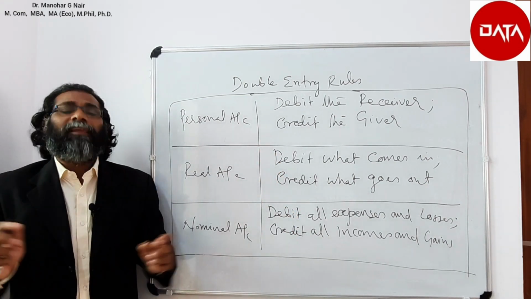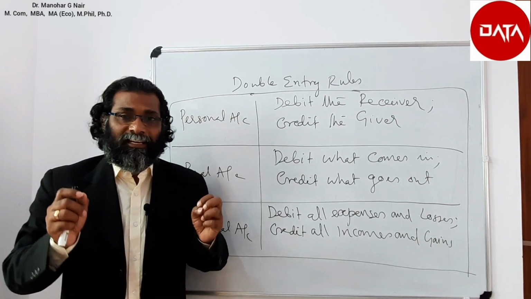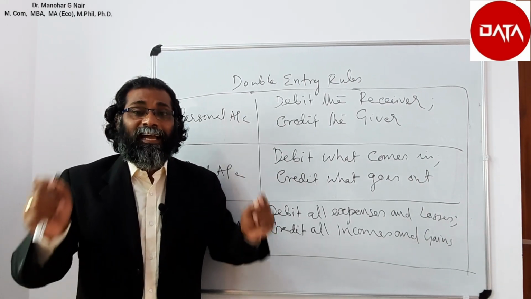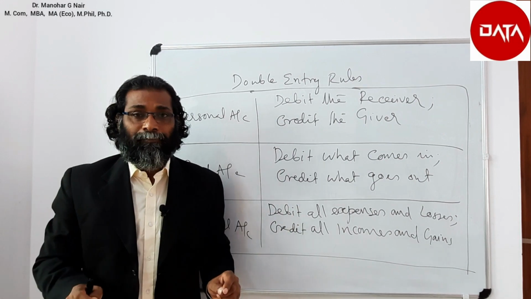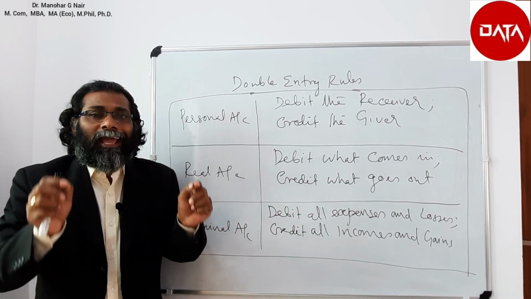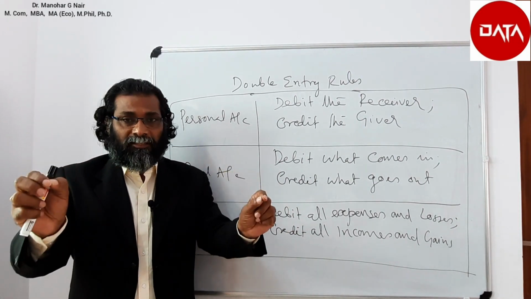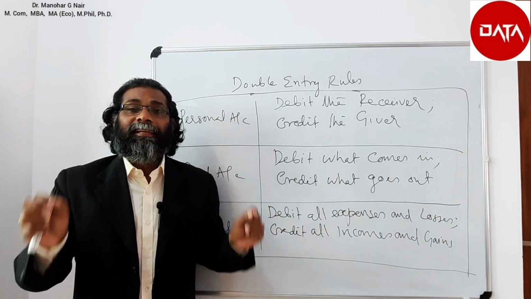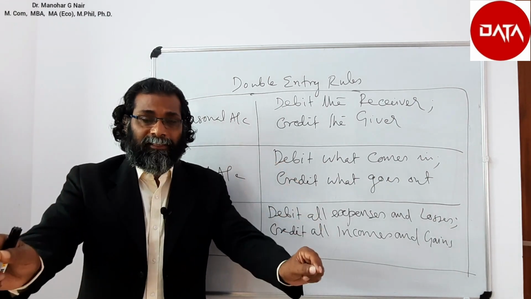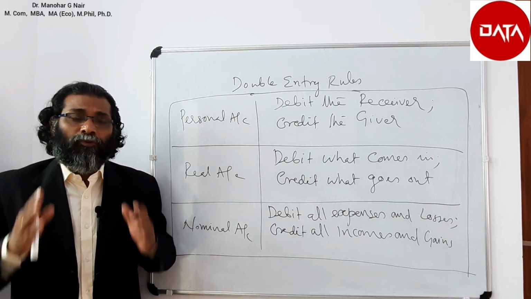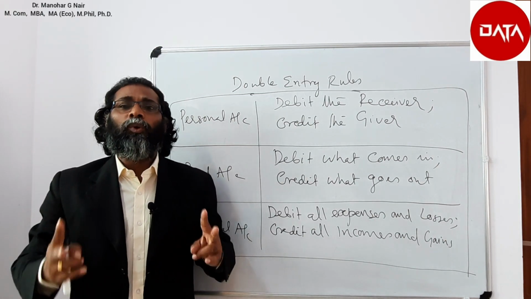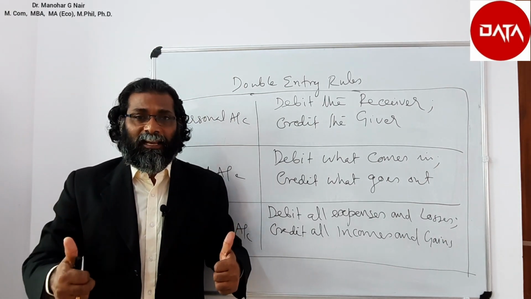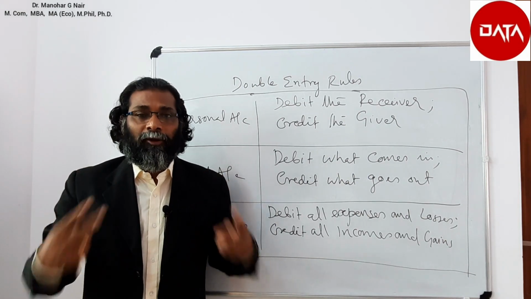And the nominal account is an account that deals with income and expenditure. Debit all expenses and losses and credit all incomes and gains. So my dear friends, there are three rules which pertain to personal account, real account and nominal account.